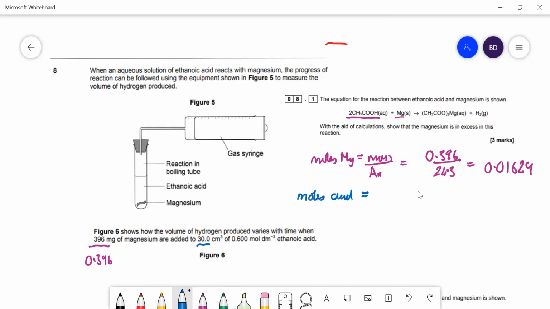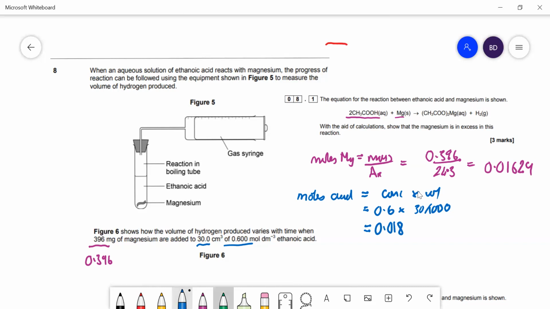Let's do the moles of ethanoic acid now. That's going to be concentration times the volume. The concentration is 0.6, the volume is 30 over 1,000. Which gives us 0.018. Now we need 2 times the moles of magnesium for ethanoic acid.